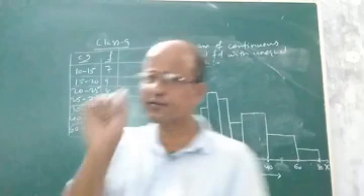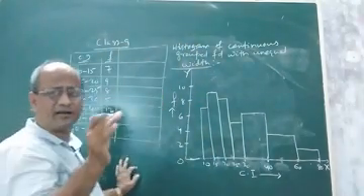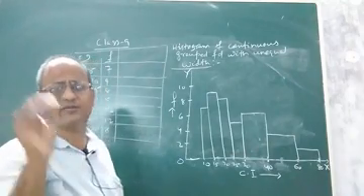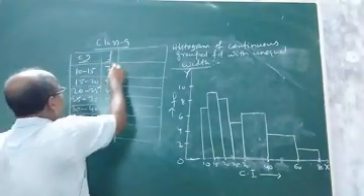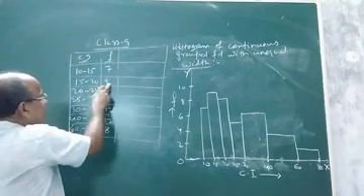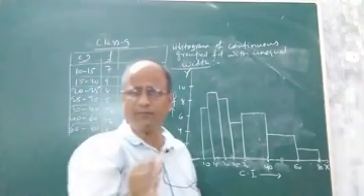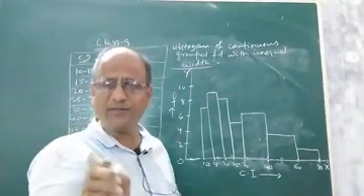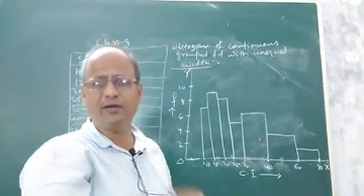What is the process? See children, in this case, when classes are continuous but width or size is not the same, what will we do? Now we have to adjust. These are the frequencies: frequency of the first class 7, frequency of the second class 9, as given. We have to adjust the frequency if classes are continuous but width is not the same.